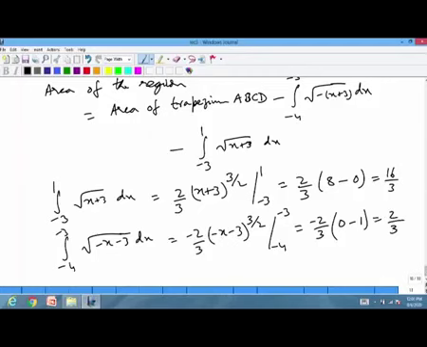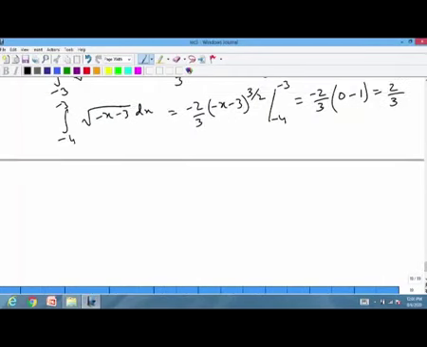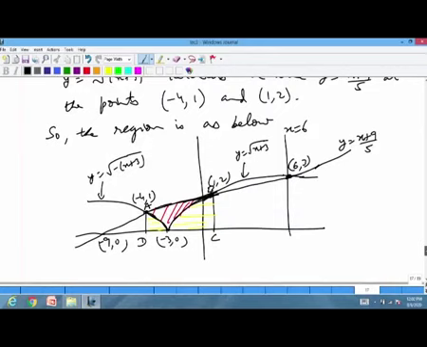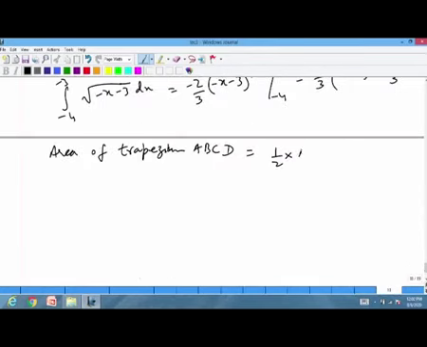and area of trapezium ABCD is equal to half times, this will be AD plus BC times CD.